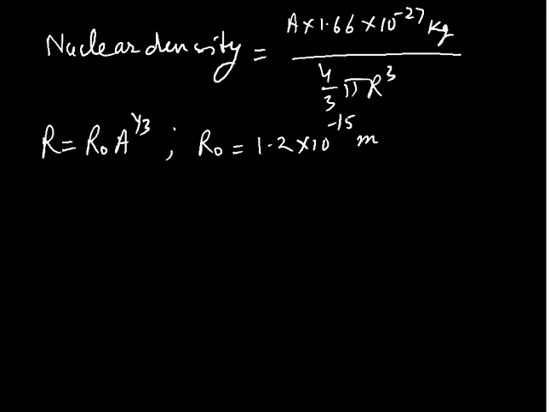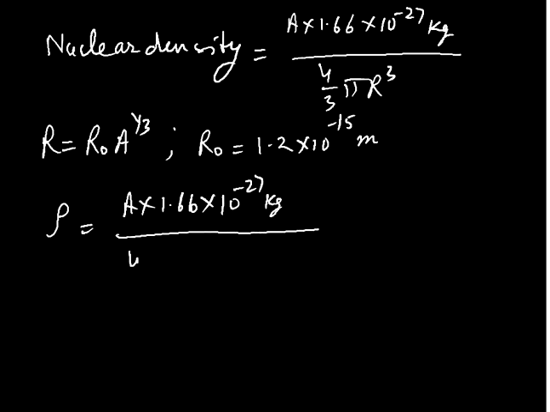Now putting these values in the above formula, rho becomes A into 1.66 into 10 raised to the power minus 27 kg, divided by 4/3 π r cube, where r naught cube is 1.2 into 10 raised to the power minus 15 meter cube, right?